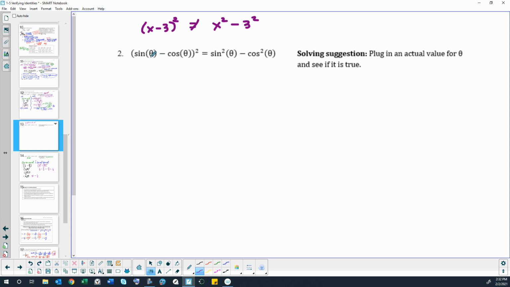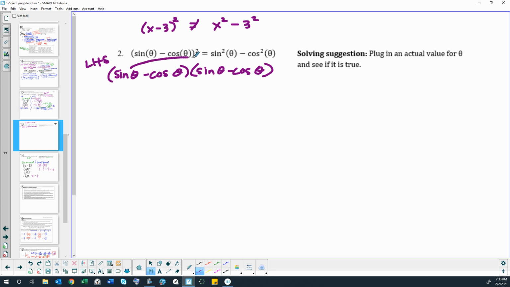So on the right side, we have this thing we can FOIL out, right? So let's write it out so we can see exactly what we're multiplying together. So sine theta minus cosine theta times sine theta minus cosine theta. So this is my left-hand side.